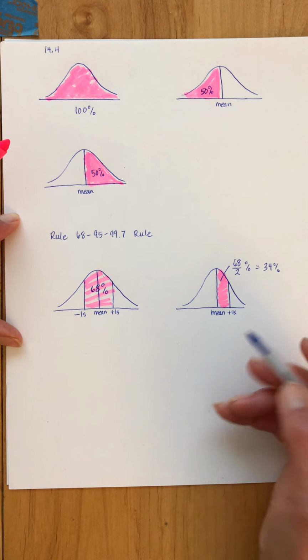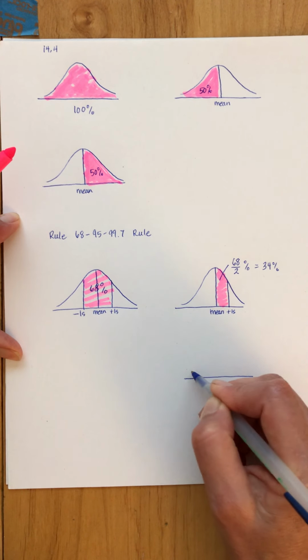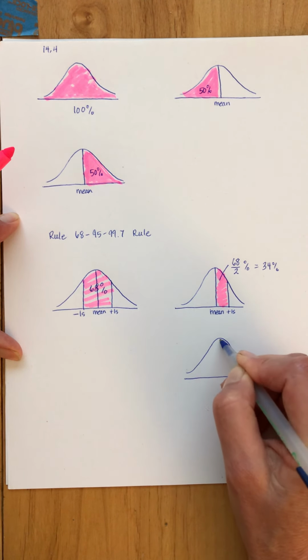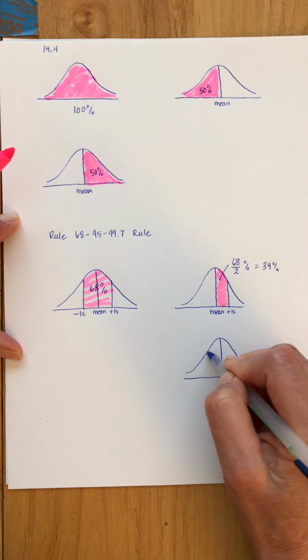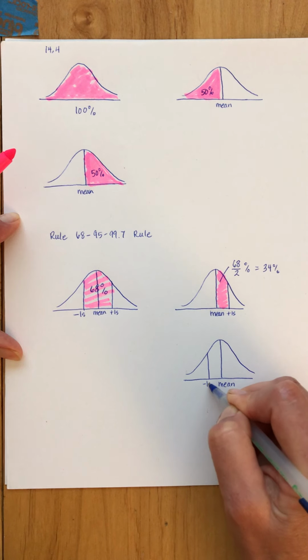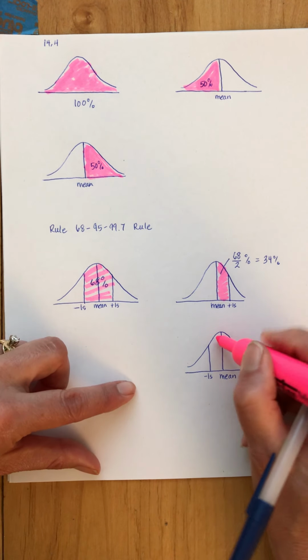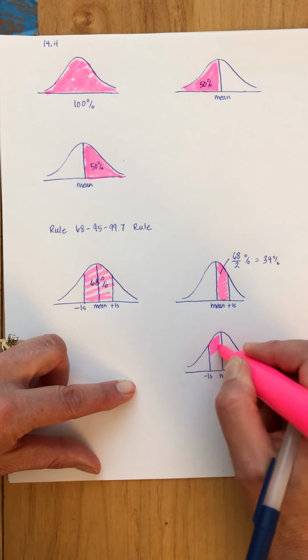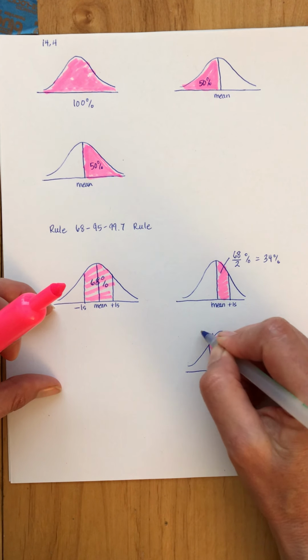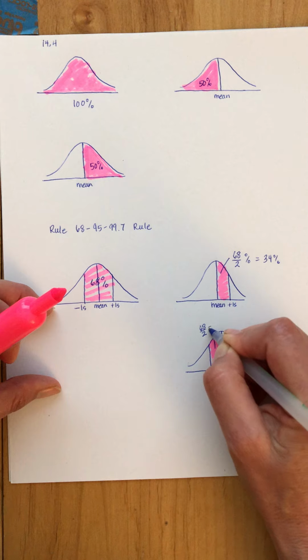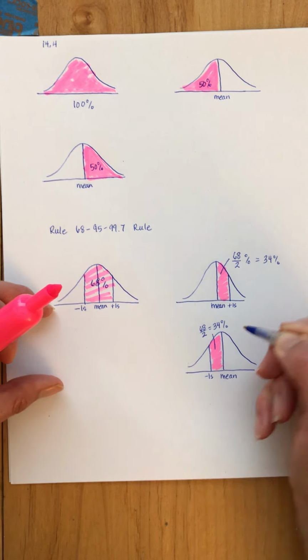It doesn't matter which way we go, to the left or to the right. If we go this way and subtract one standard deviation, this area in here is still 68 divided by 2, or 34%.